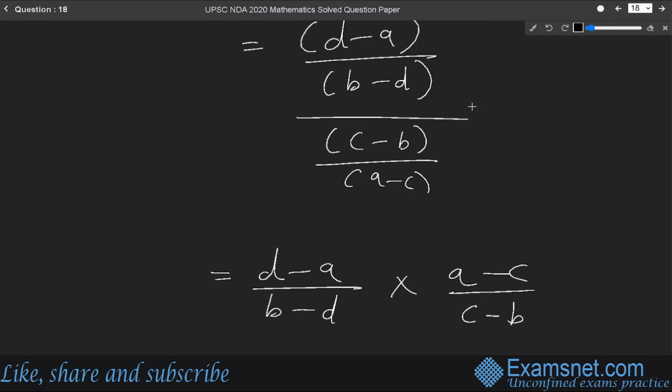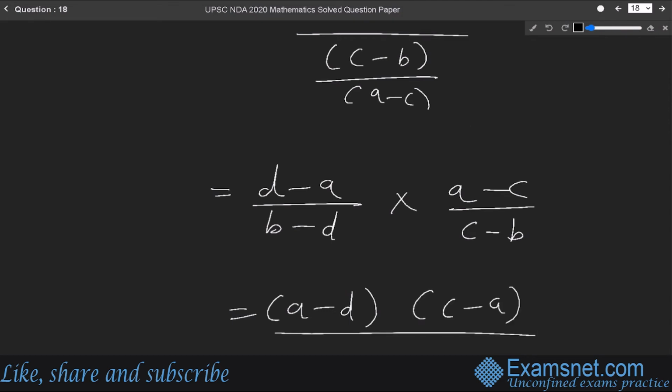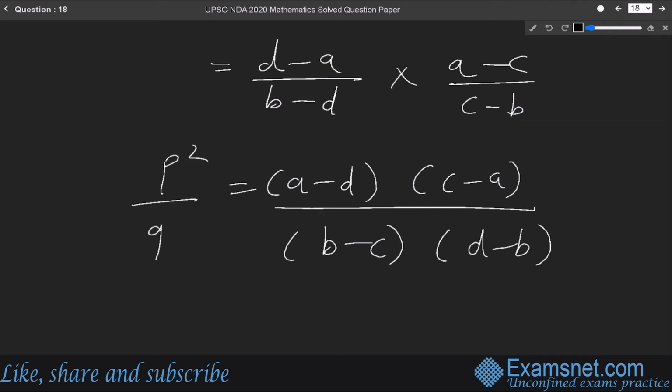So further solving, it will be a minus d into c minus a upon b minus c into d minus b, which is the value for p square upon q square.